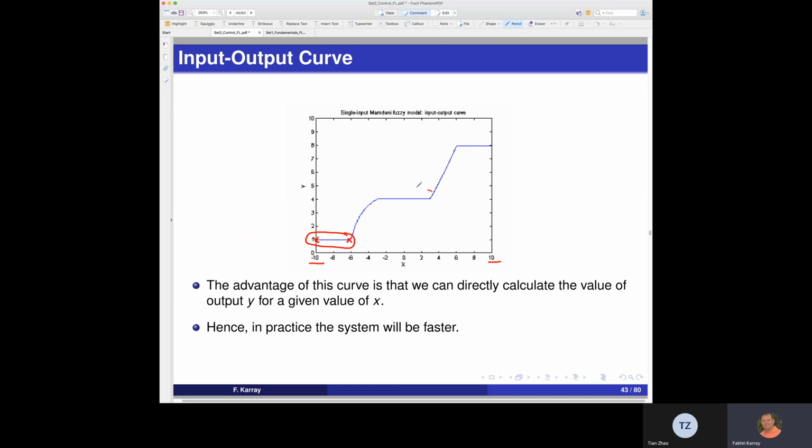The same thing here for this region, it's going to be one clipped membership function, and the third one is the third clipped membership function. So this is a 2D representation between the x-axis and the y-axis, and this is what is known as the control surface. This is what we wanted to mention in this input-output curve, and this is the single input Mamdani fuzzy model.